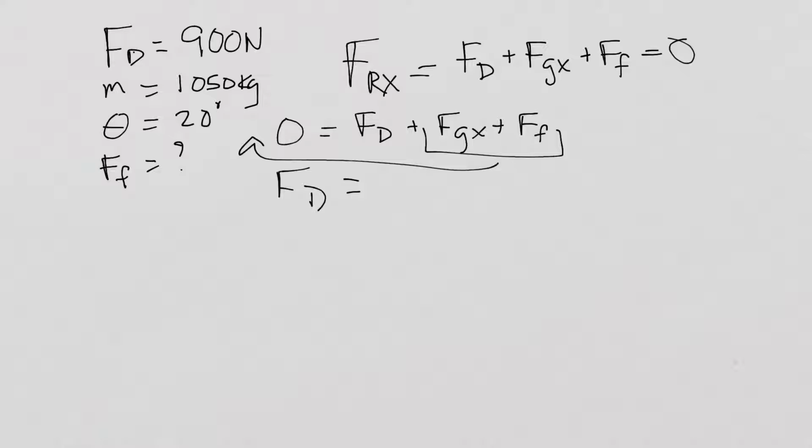Because what I can do here is I can say that 0 is going to be equal to a positive FD minus an FGX minus an FF, is it not? If we assign our actual values to this, yes? All right, so if I want to isolate FF, what can I do? If I want to isolate FF, yep. Go ahead, Cecilia.